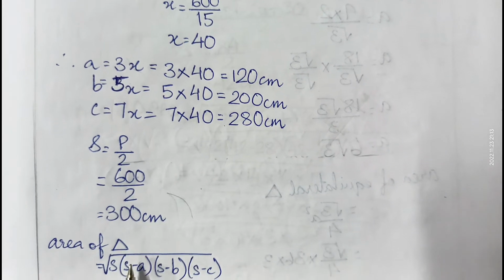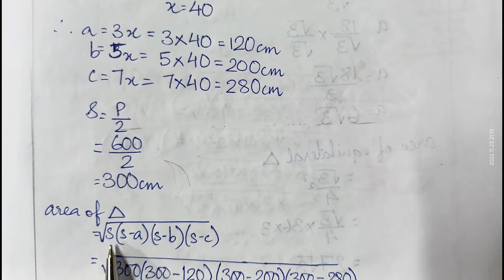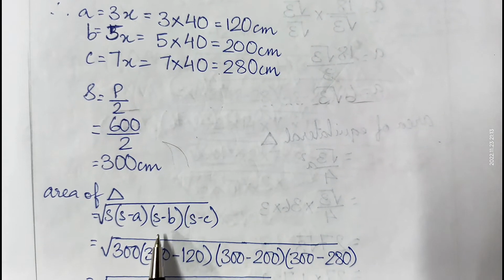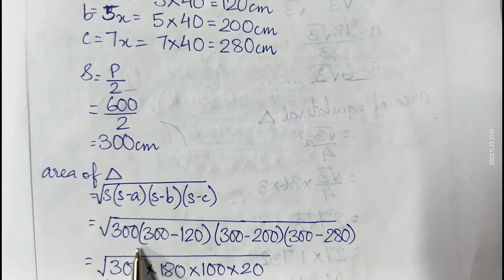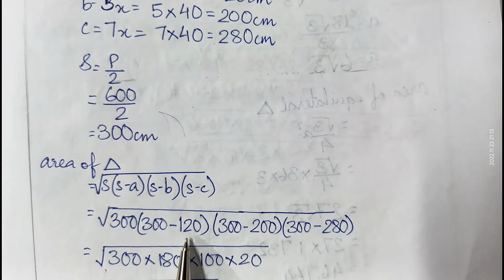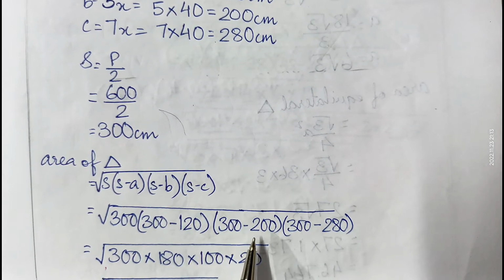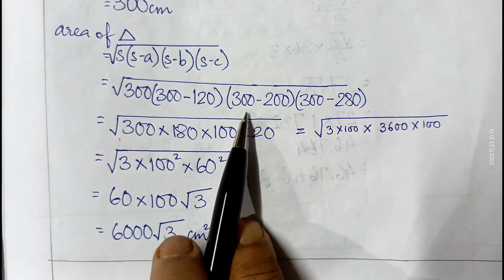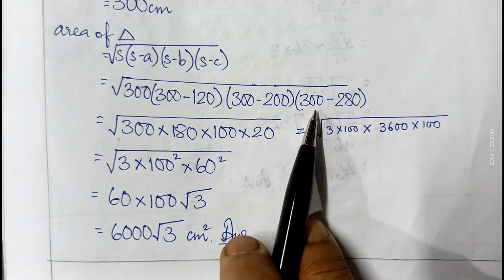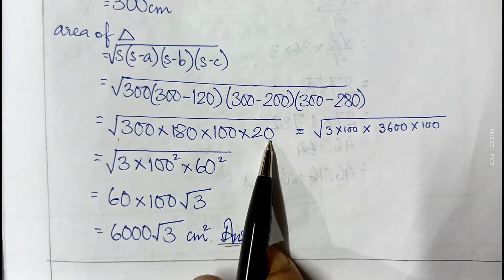Now from Heron's formula we know the area of a triangle is root over S, S minus A, S minus B, S minus C. S we got 300, so it will be 300 into 300 minus 120, 300 minus 200 and 300 minus 280. So 300 into 180, 100 and 20.